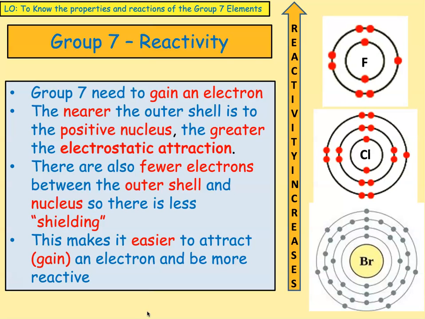And so therefore, the nearer it is, the easier it is to gain an electron. And therefore, it's more reactive. So the quicker it can gain an electron, the more reactive it is. There we go. So you can see that fluorine gets it immediately, but bromine takes a long time.